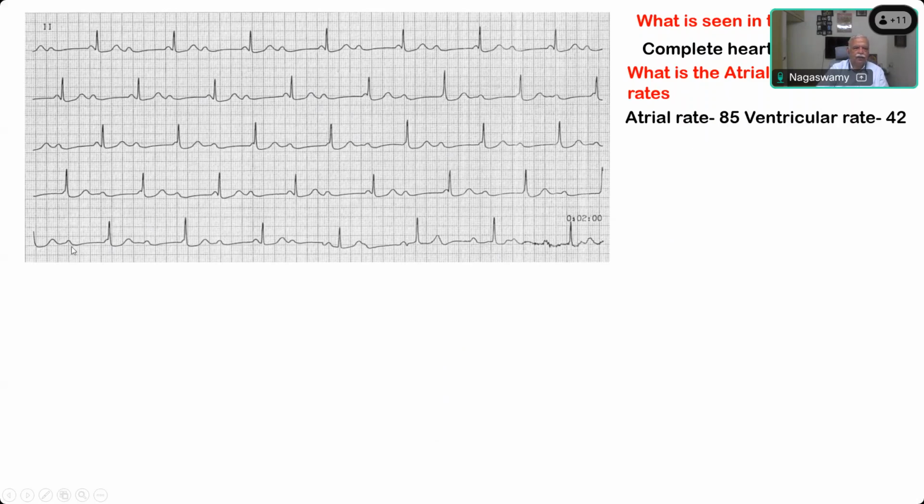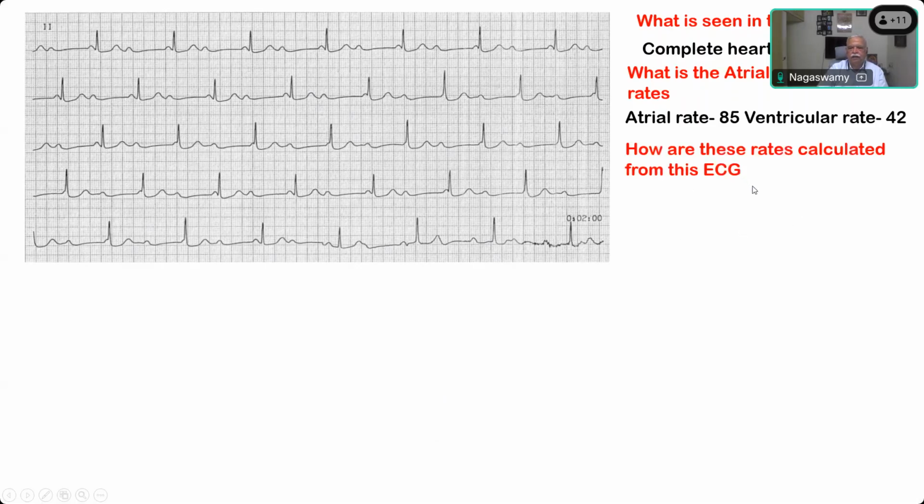So we count 1, 2, 3, 4, 5, 6, 7, 8, 9, 10, 11, 12, 13, 14, 15, 16, 17. So that is how the atrial rate is counted, and ventricular rate is counted only from a long rhythm strip, not in the usual way, but between two RR intervals.